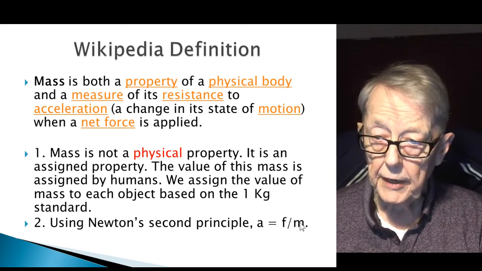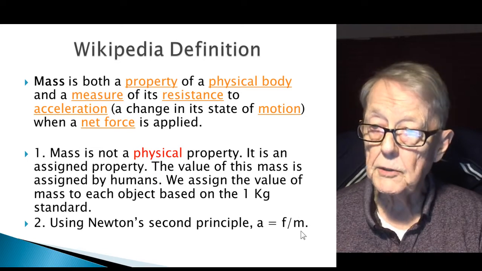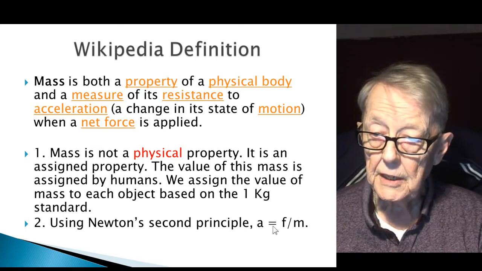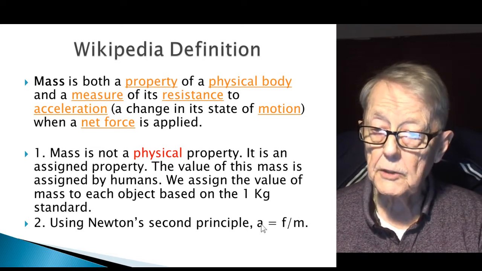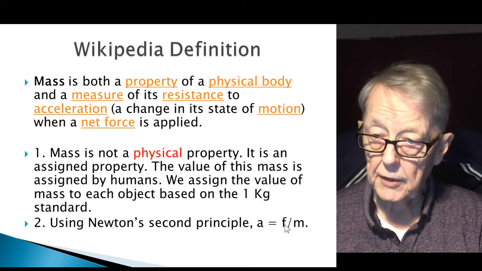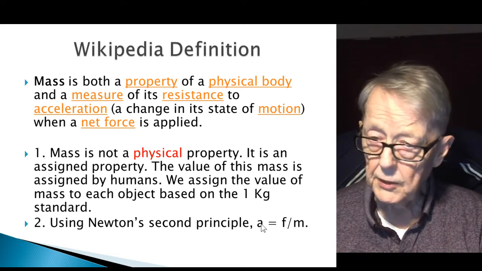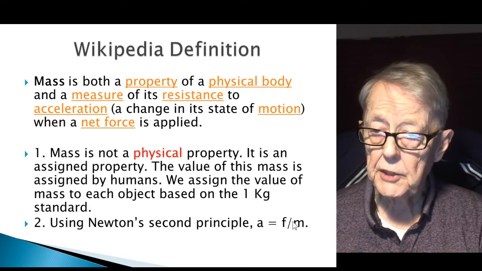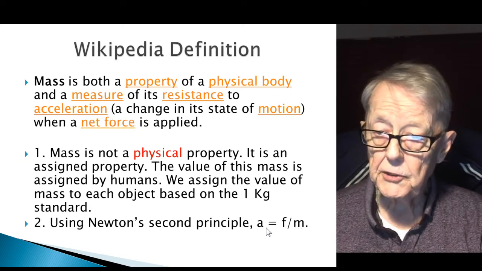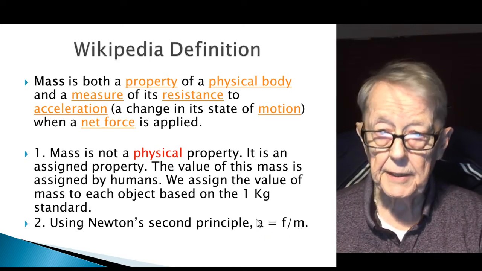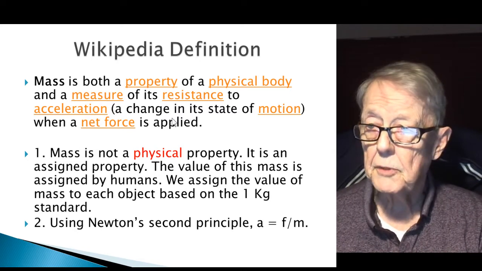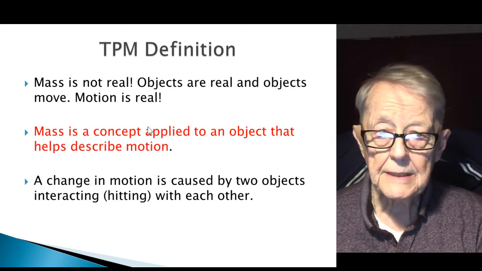So if you increase the mass, it's harder for a force to give it acceleration. For a constant force, you can't accelerate it as much. If you decrease its mass, it's easier to accelerate it. That's where this statement comes from, Newton's second principle.